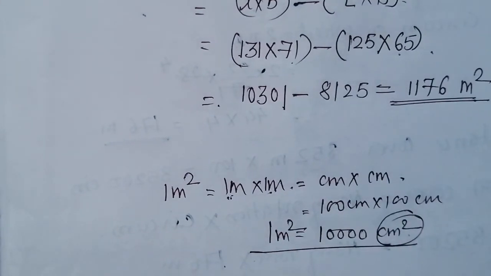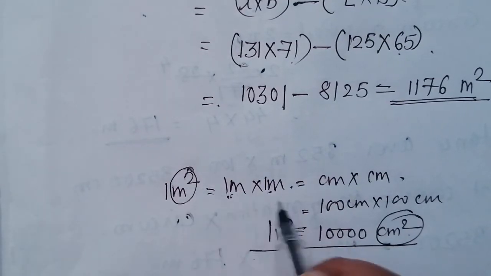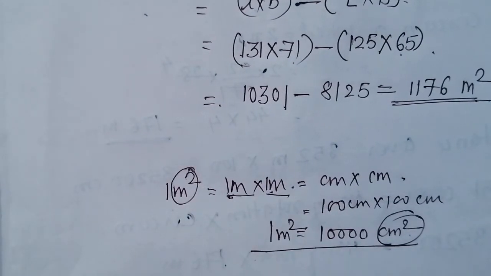Understood? Clear? Whatever is given to you, you just have to find it out. If it is a square given, that means it should be two times.